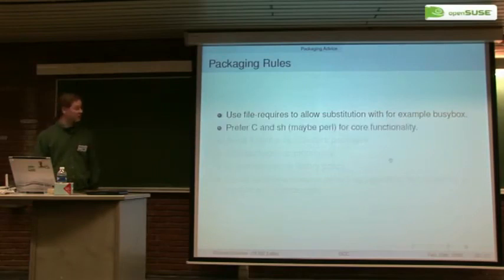And you want to prefer C programs. In any of the pictures I showed you, I saw the C++ standard library, which would add another, I think, 4 or 5 megabytes with all its dependencies. So if you can avoid C++, then it's nice.